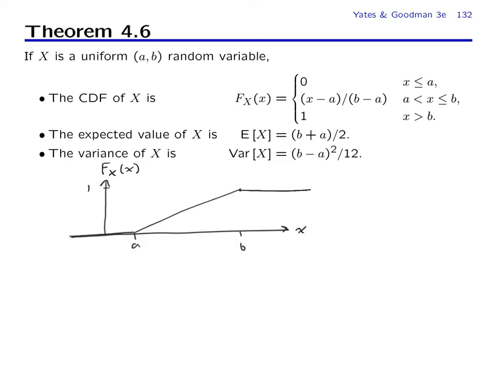And if we take a derivative of that, we rederive the PDF. So the PDF is the derivative of the CDF. We can do this graphically by remembering that the derivative is the slope.